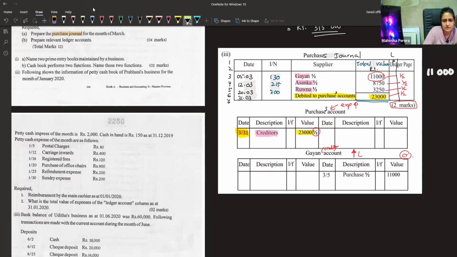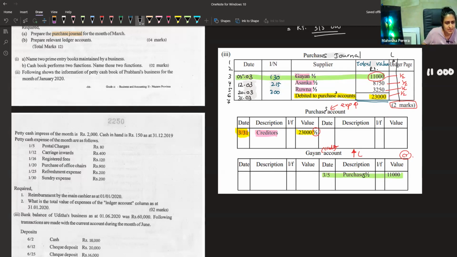Here we have purchased from Gayan on 5th of March, at 11,000 rupees. So that is what we record directly. Then in the description we have to write purchases, because our other account is the purchases account. Likewise, you can do the other 2 accounts.